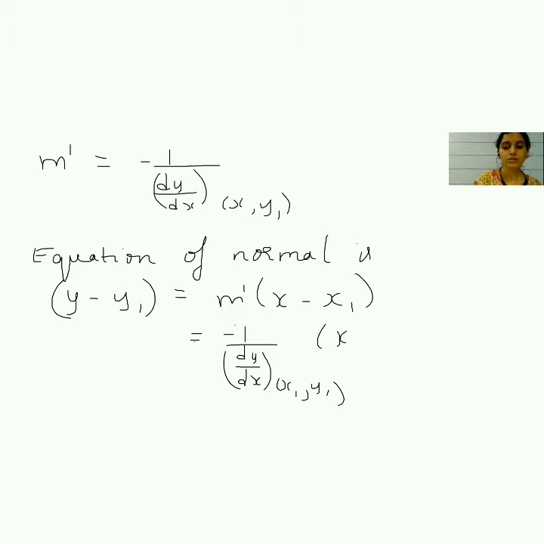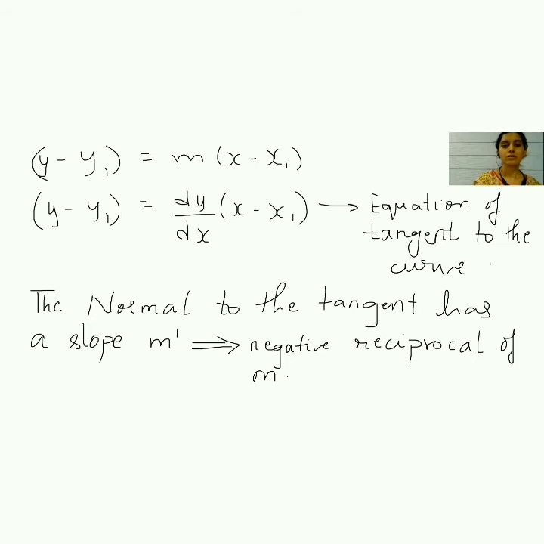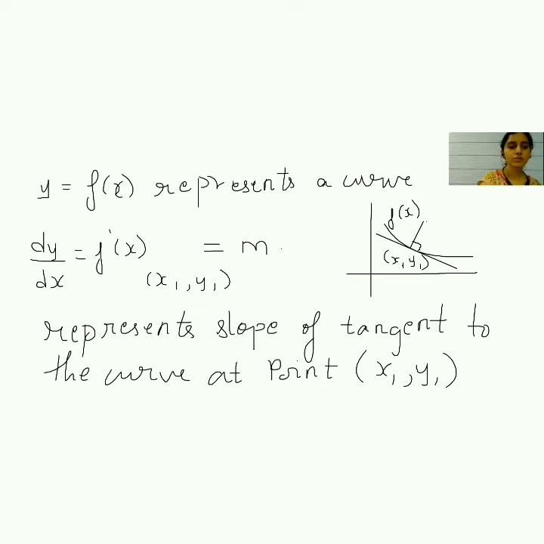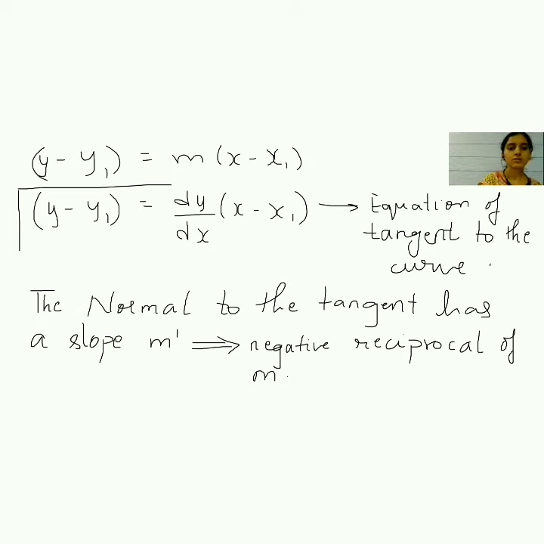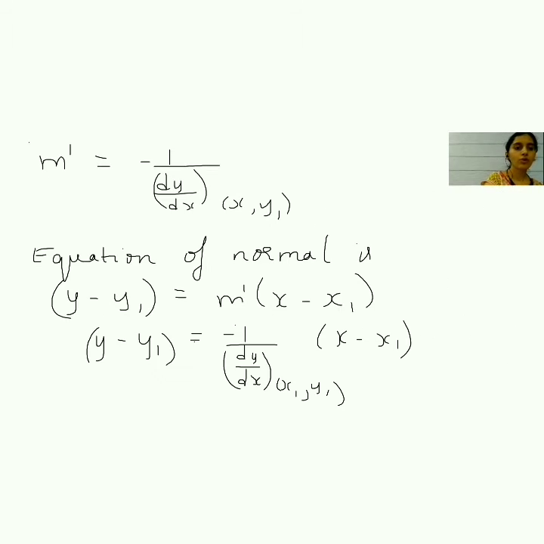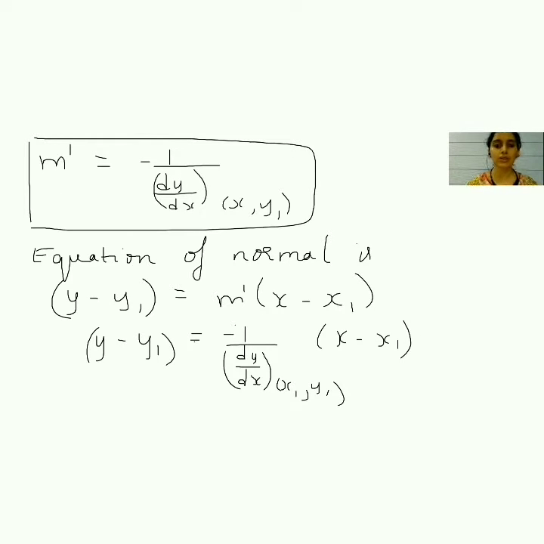into x minus x1. So we have to remember these things: the slope of the tangent, which is the derivative of the function; the equation of the tangent, that is this over here; then the slope of the normal, that is m dash, minus 1 upon dy by dx at x1 y1; and the equation of the normal, perpendicular to the tangent.